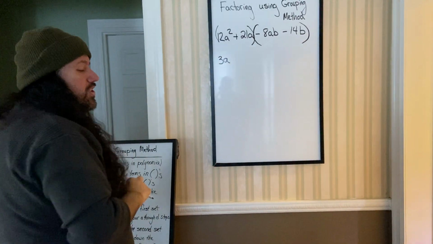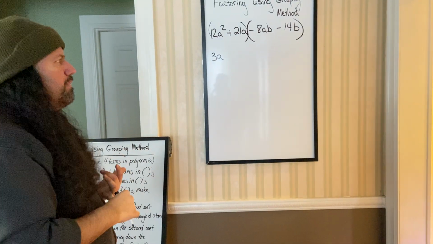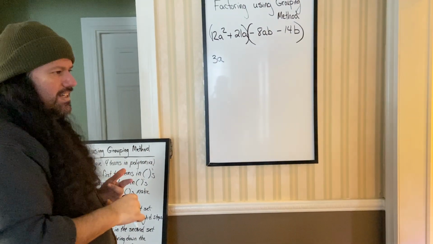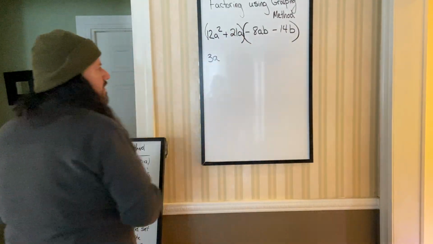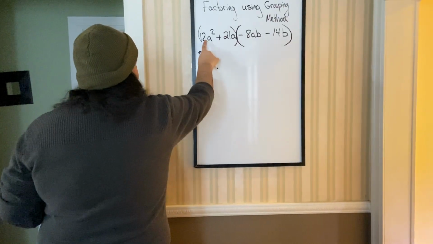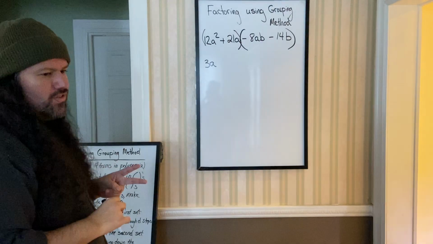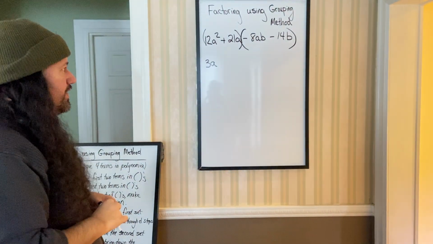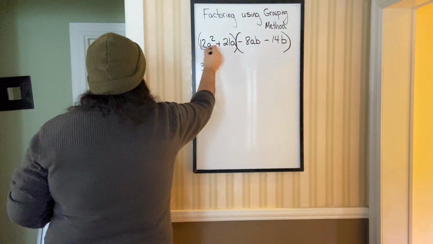Remember, when you look for a GCF, you're going through A through D. We didn't have matching parentheses. We did have the same letter. The smallest exponent is to the first. We did have a common number, and these two was a 3. And notice it doesn't start with a negative, so it only had 2 out of the 4 possibilities. Once you found out your GCF, divide each term by 3a.